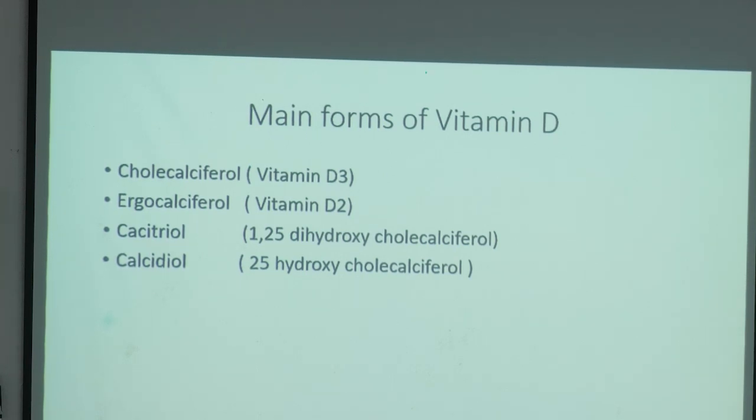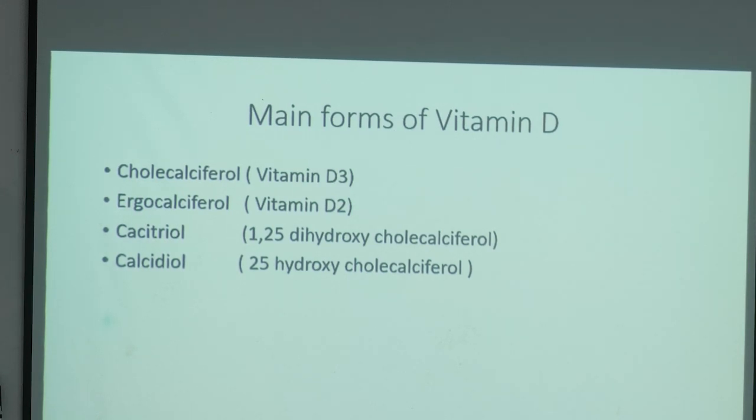Vitamin D was previously known as vitamin D1, D2, D3. The physician from France who first recorded vitamin D said the first one is cholecalciferol, vitamin D1. Subsequently, ergocalciferol from plants was called vitamin D2, and it was determined that vitamin D from animal sources also contains cholecalciferol.